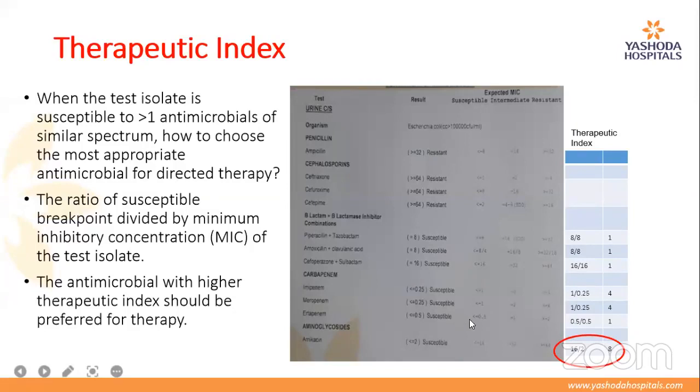But if we go through the susceptible breakpoint, amikacin has a higher susceptible breakpoint. So when it comes to the interpretation, it comes as 8, whereas for meropenem the therapeutic index comes as 2. So in reality, amikacin is more effective as it has the higher therapeutic index, although meropenem appears to be more effective.